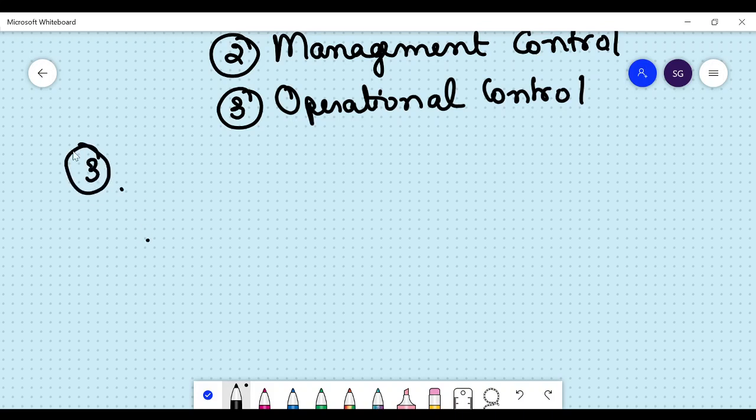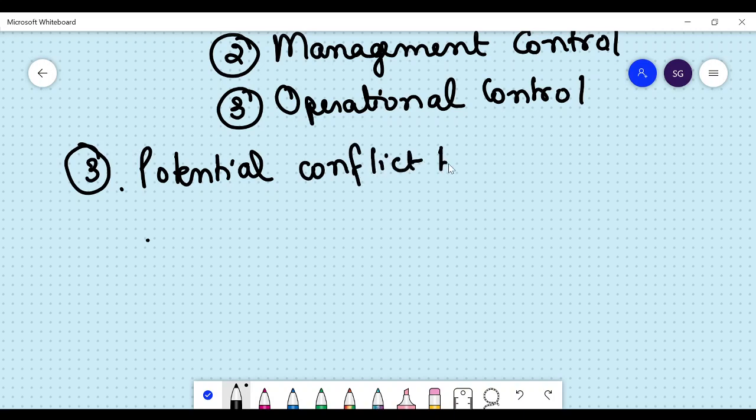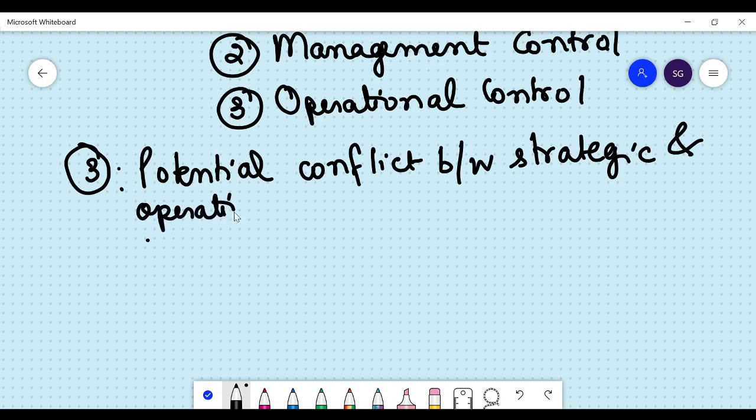Third point, potential conflict between strategic and operational decisions.